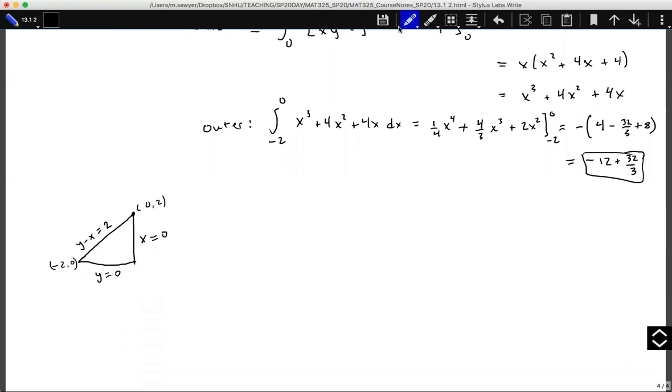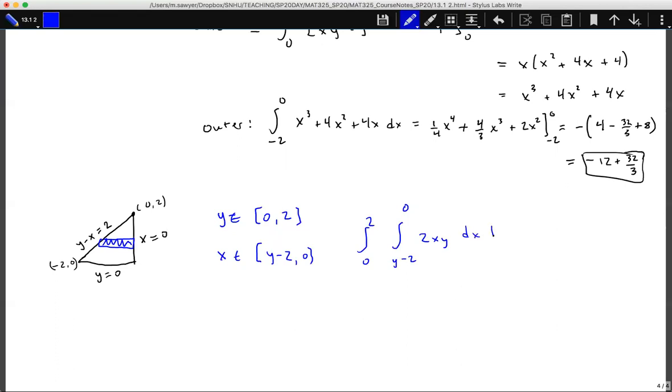So note, we could have done the bounds horizontally. If we had done horizontal bounds here, we would have let y vary from 0 to 2 and x vary from y minus 2 to 0, and we could have set the integral up as 0 to 2, y minus 2 to 0, 2xy dx dy, and by Fubini's theorem, we would have gotten the same integral.